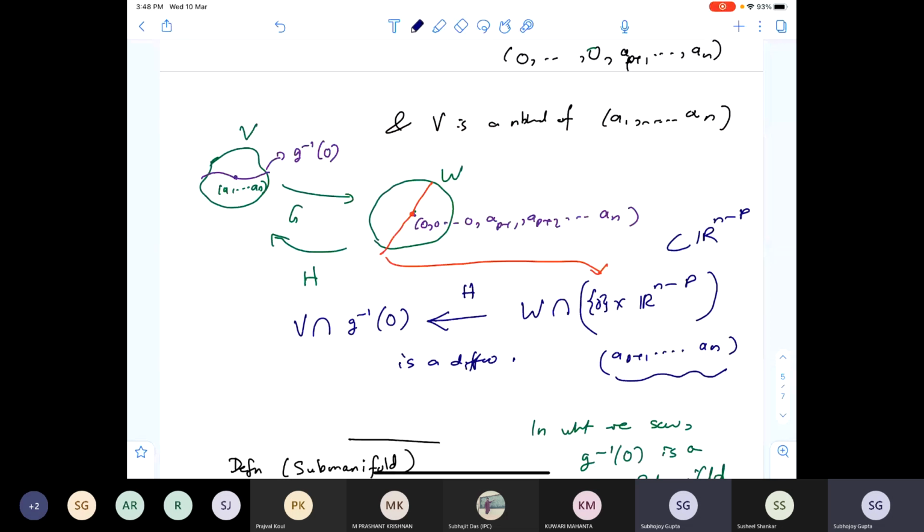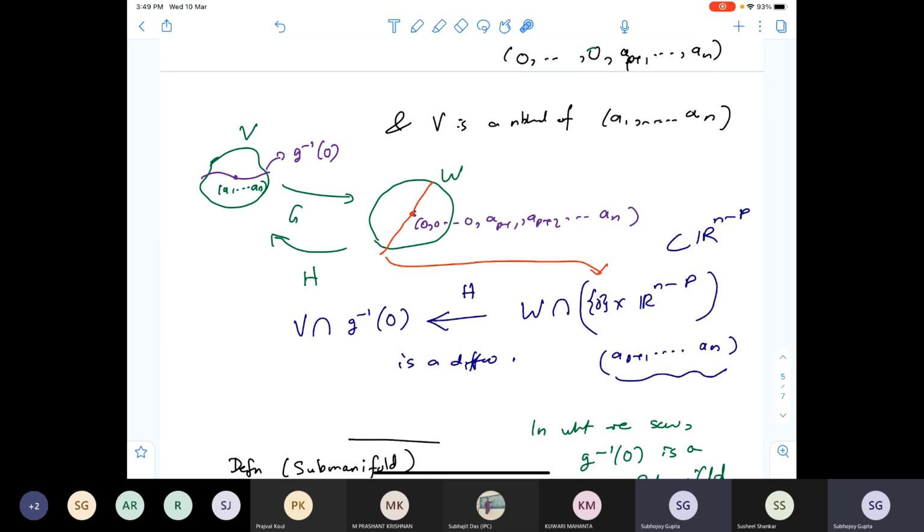Here also it was a similar thing, where the map phi is just this map G restricted to V, so that's a diffeomorphism. The inverse was H, and what G does is straighten out, sending this pre-image to this slice, and its restriction is a diffeomorphism.